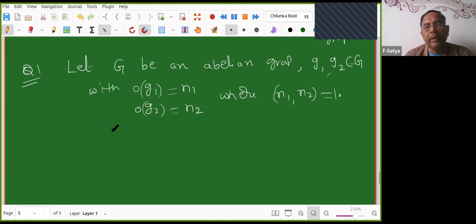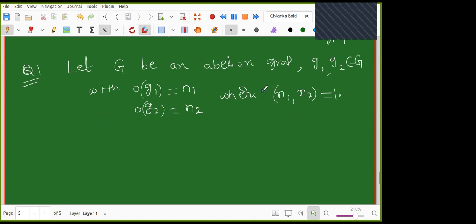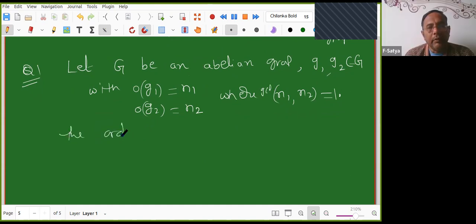Can you complete what I want to say? Then the order of g1 g2 is equal to n1 times n2. This is a beautiful part for abelian groups.